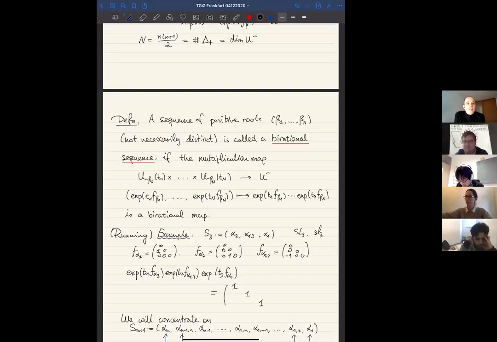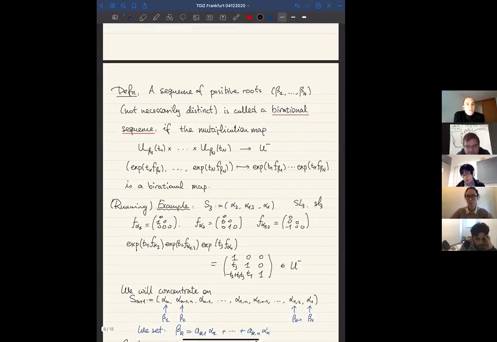If you trust me, you will get this matrix. This one is in U minus because it's a lower triangular matrix with 1 on the diagonal. And it's very easy to see that this is a birational sequence. This sequence is birational because you can find the inverse map. You can easily factorize this matrix. And so this one is birational.